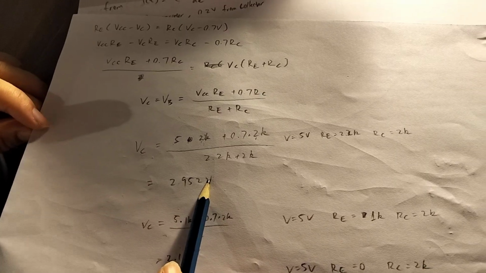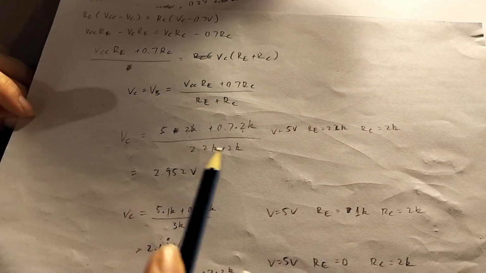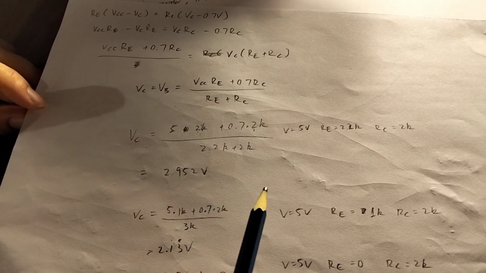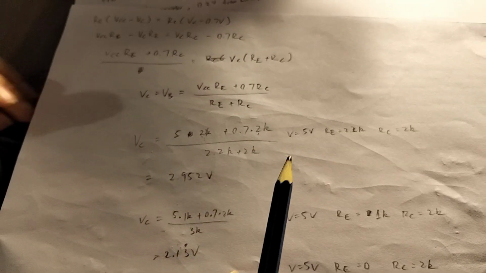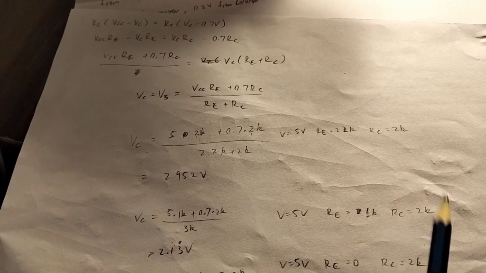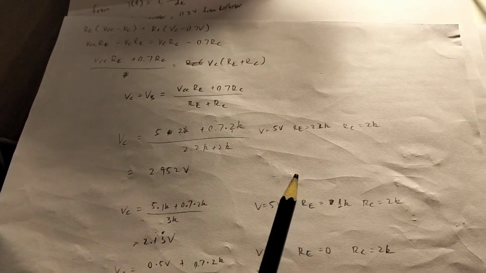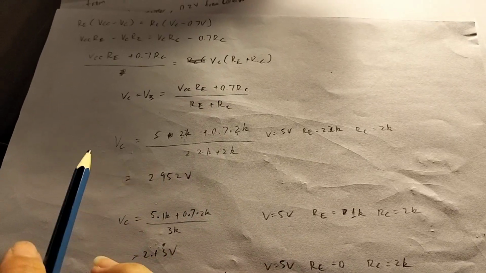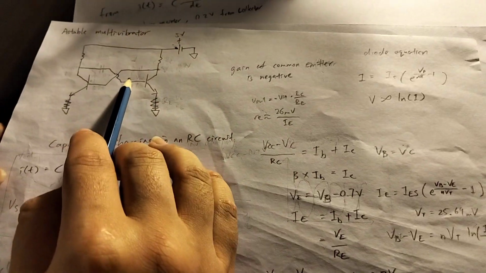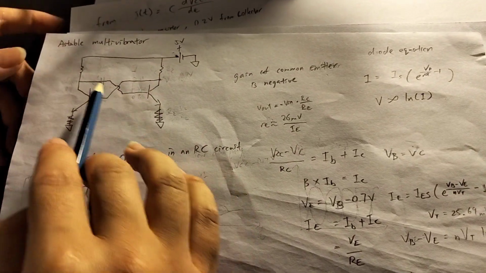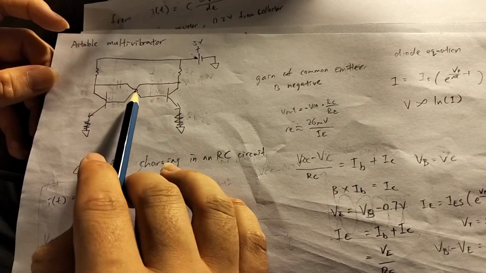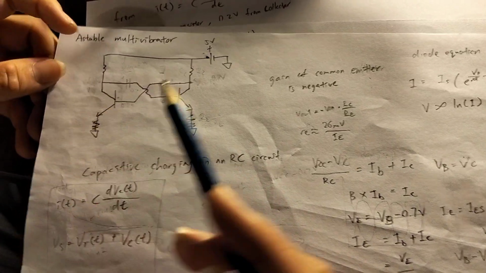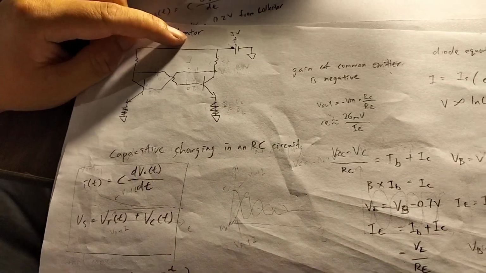And this is stable because the loop gain from one transistor to the other, when multiplied, is less than 1. So any small signal passed in through the base does not get amplified once it comes back.